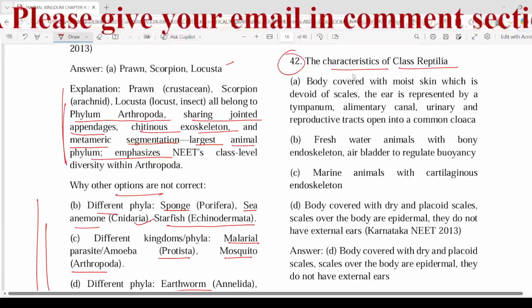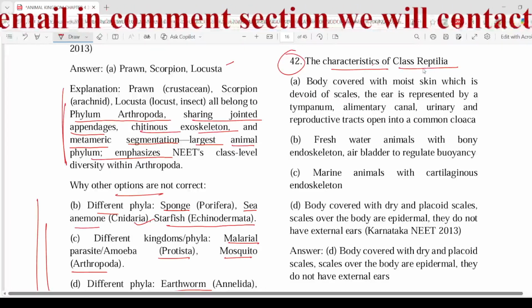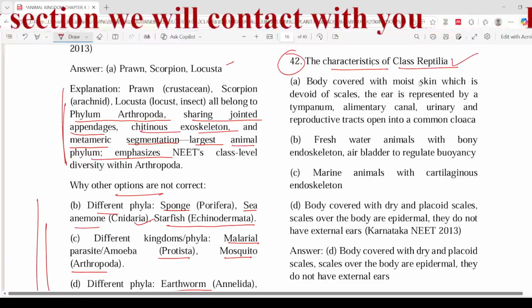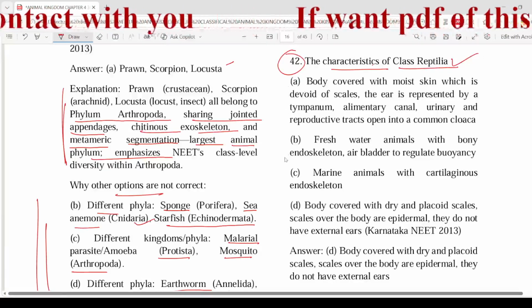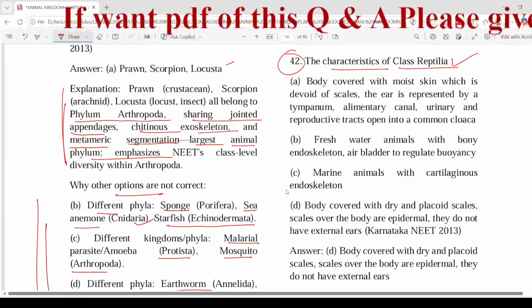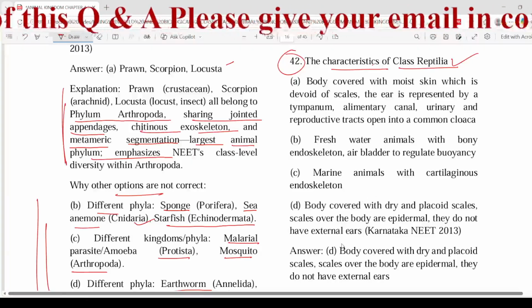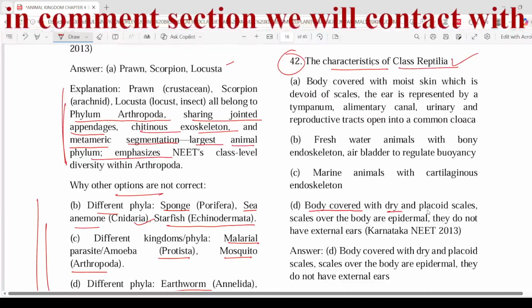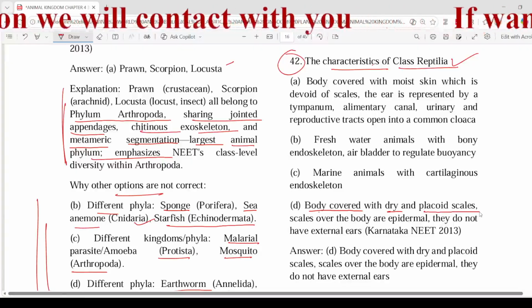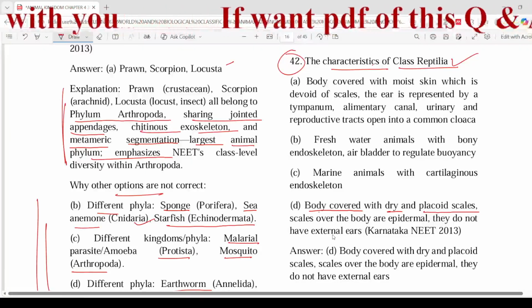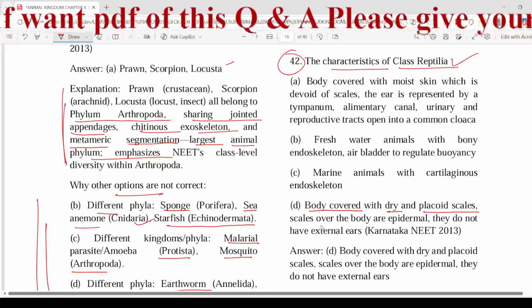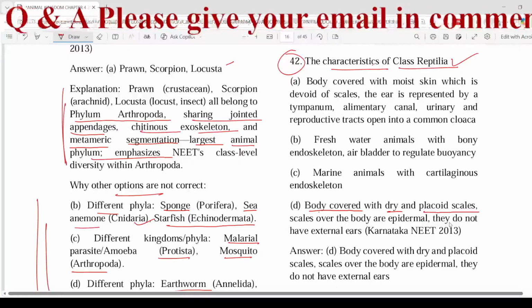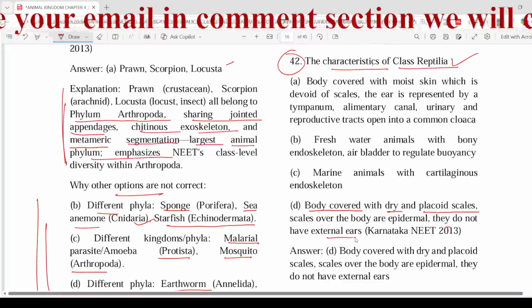So the characteristics of class Reptilia. So for Reptilia class, 4 options are given. We know that Reptilia have a body covered with dry scales. Scales over the body are epidermal and they do not have external ears.